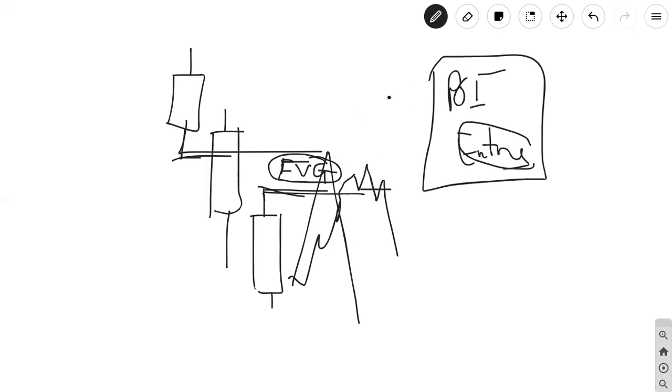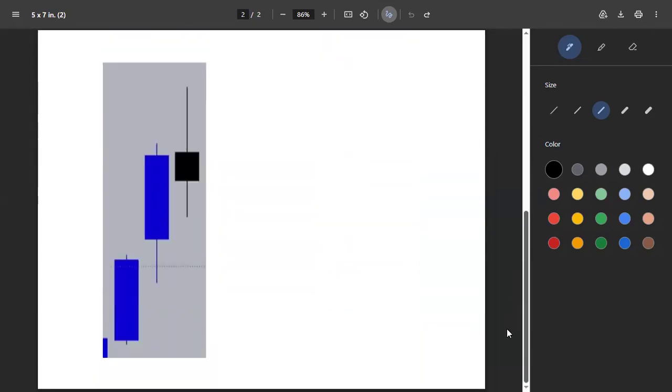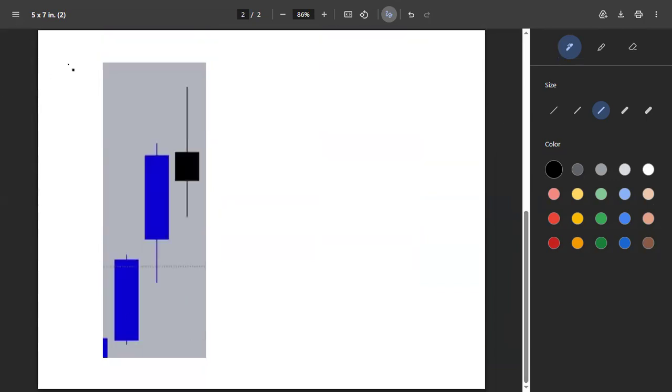Now, what I'm about to show you will actually help you a lot. So let me show you. I have three patterns of fair value gap. The first one here, the second, and the third one right here.